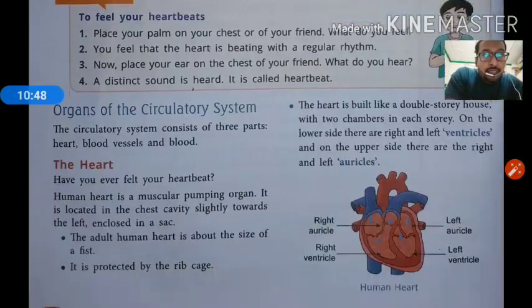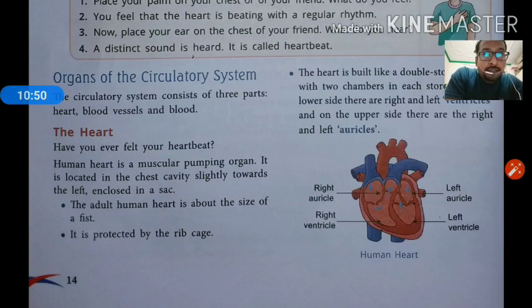Now if you see in the book, the organs of the circulatory system are mentioned. In the picture also, this diagram is the first diagram which you have to learn. You have to draw it and study it. There are 4 parts given and you have to learn them. So try to draw it as homework at home.